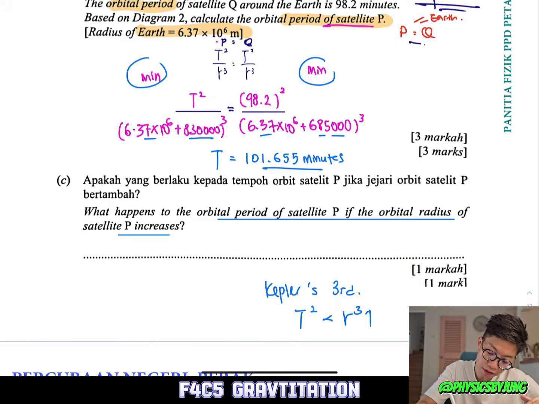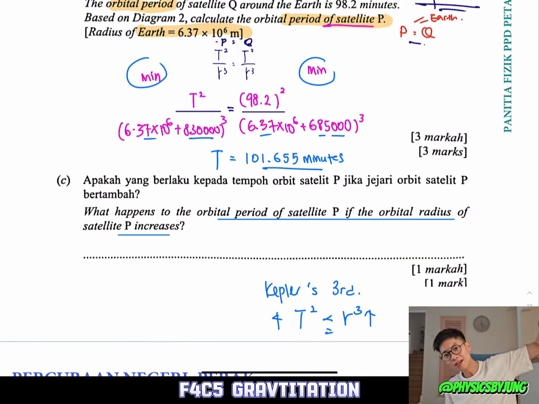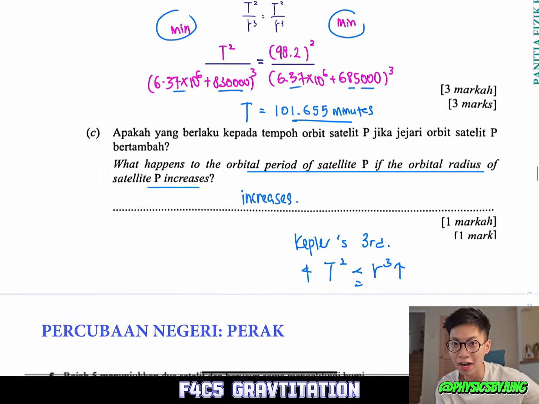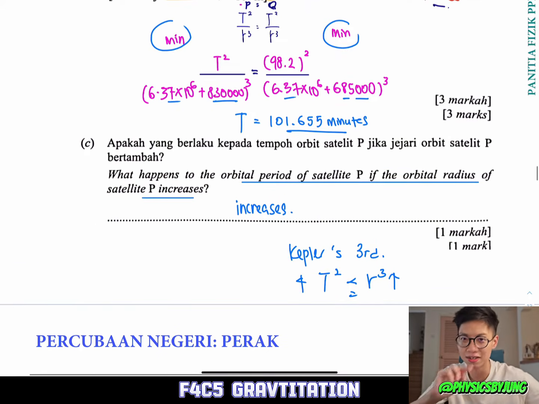So if your orbital radius increases, then obviously your time must always increase because this is directly proportional. The bigger the radius, the bigger the circle you have to run, obviously you will take more time, right? Because you run a larger circle. So the orbital period increases. You increase the time taken. Okay, so this is our second question.